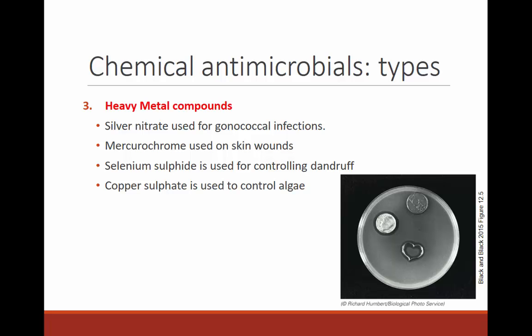And copper sulfate is used to control algae. Now, have you heard of algal blooms, blue-green algae toxins? Yes? So if you have a large water reservoir, sometimes you might have algal blooms, and those algal blooms, the algae will produce toxins, and they can be neurotoxins or hepatotoxins, lots of different types of toxins.